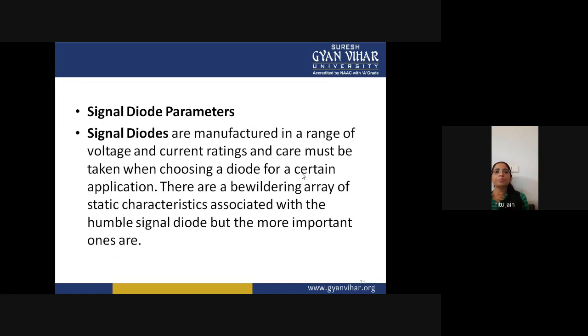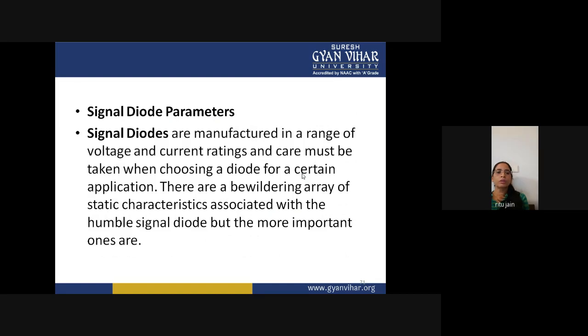For example, if a diode has a 150 milliampere rating and a 200 millivolt voltage rating, and you connect this diode where the supply voltage is 200 volt or 150 volt, then if you apply that much voltage across this diode, the diode will get damaged.